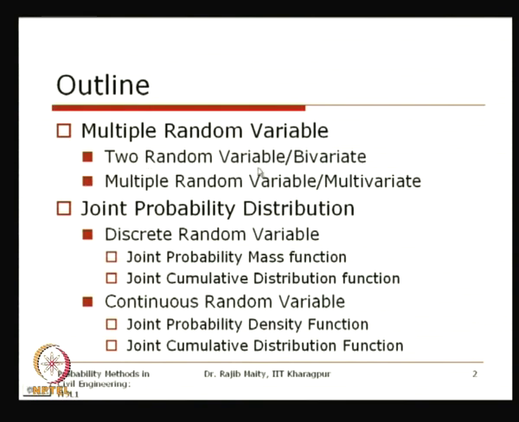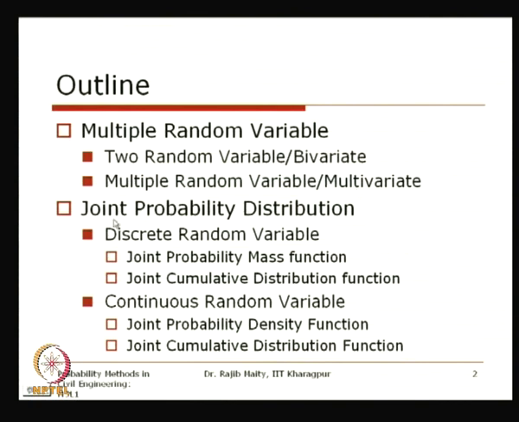We know these specially as bivariate random variables. Bi means two random variables are associated, and sometimes, when there are more than two, we call them multivariate random variables. So multiple random variables fall under multivariate analysis.